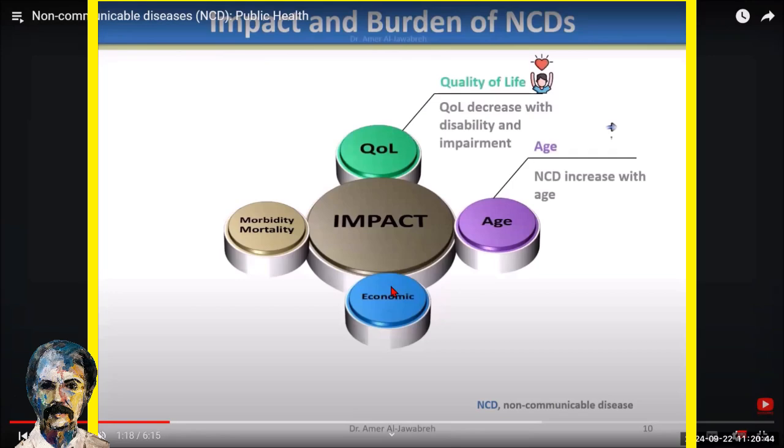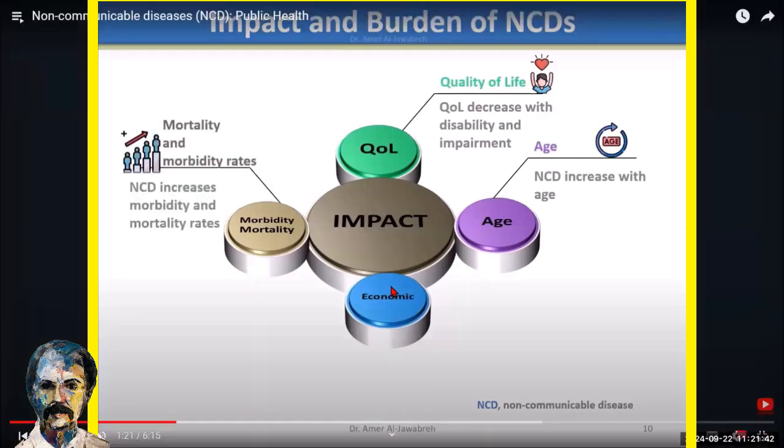Insulin, for instance, from the pancreas: you will not secrete insulin at 50 or 60 the way you were secreting it in your 20s. That's definite. So NCDs increase with age. Even diabetes type 2, when you are above 40 and obese, then it comes to you.